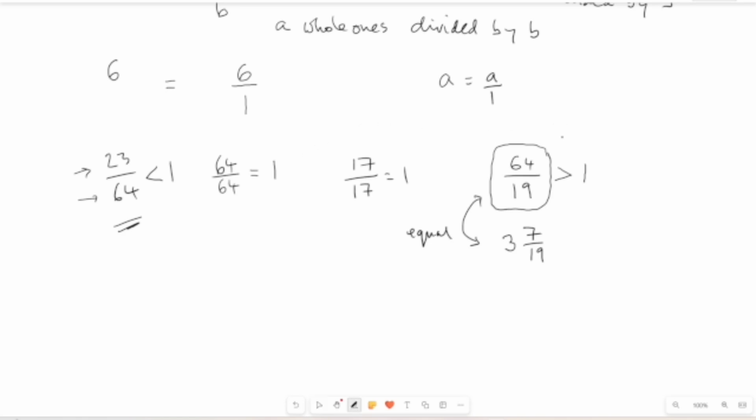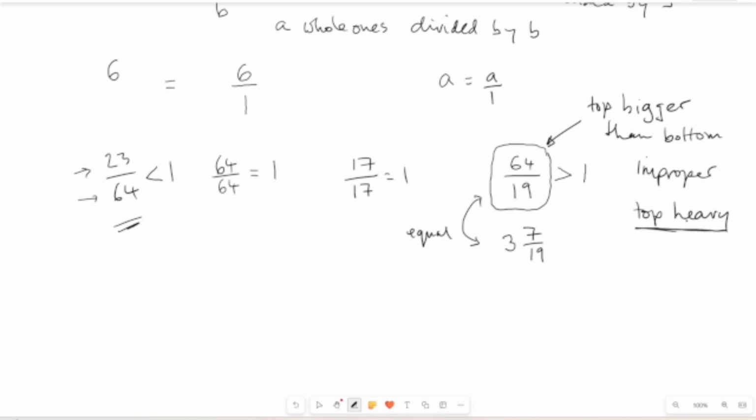Fractions like this one, where the top is bigger than the bottom, used to be called improper, but these days they're called top-heavy. Those are the names that are used. I think you've probably come across this more often.